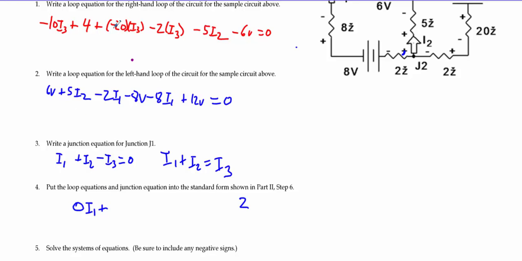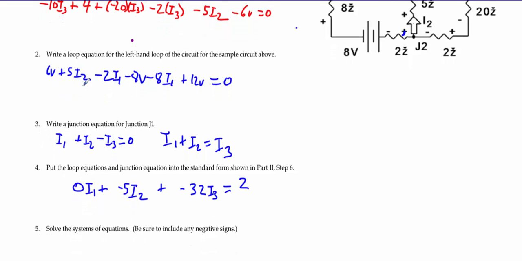There's an I3, there's an I3, there's an I2, so minus 5 I2 plus, and now I have my I3s, 2 I3, 22 I3, 32 I3, and those are all negative. So plus negative 32 I3 equals 2.